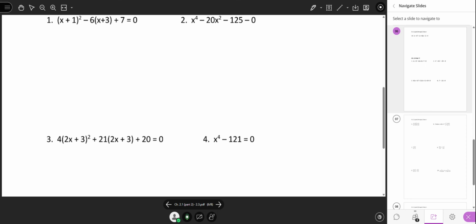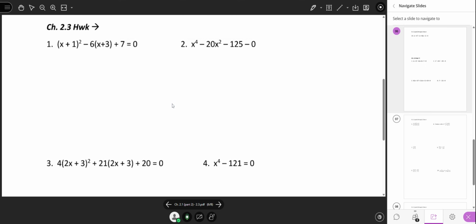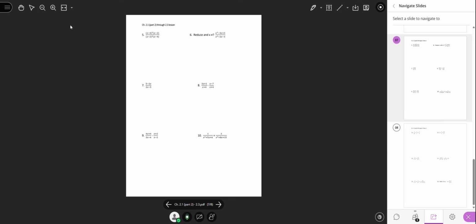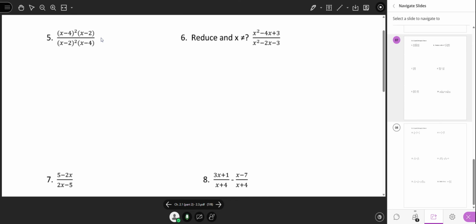So most of chapter 2.3 I will show you on Desmos. But what I can't use Desmos for is this page right here. You can't use Desmos for this.